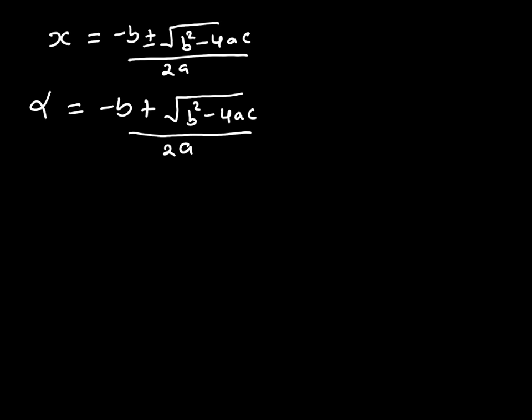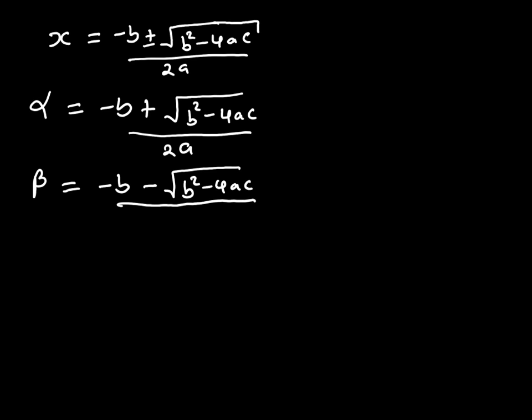That's when we take a positive root of this part. Now the other value, I will call it beta. Beta is equal to minus b minus the square root of b squared minus 4ac divided by 2a.